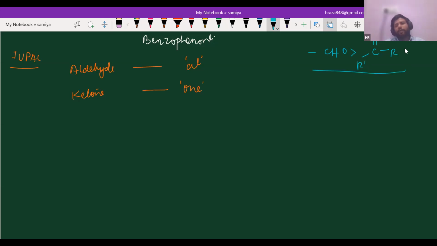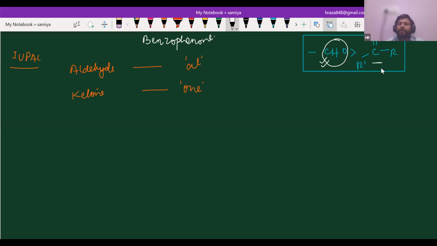So basically, what I want to say is that when both functional groups are present in a compound, we will give preference to the more senior functional group. That means we will take it as the main functional group.